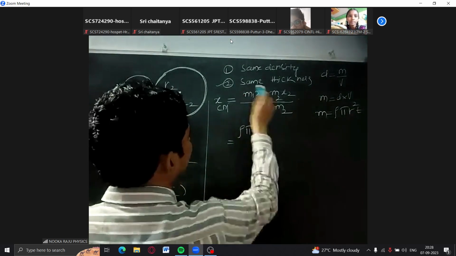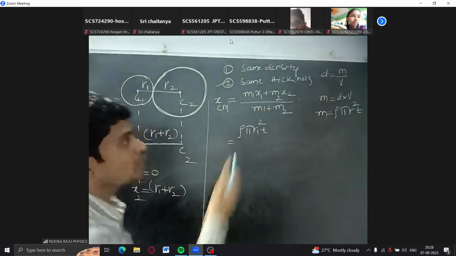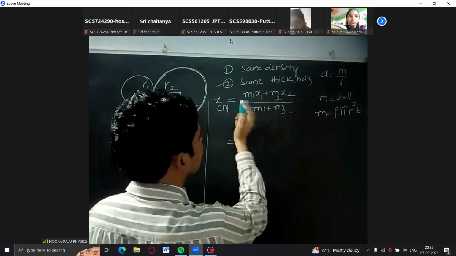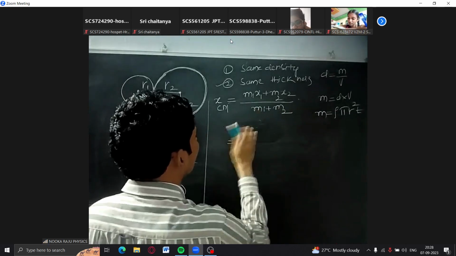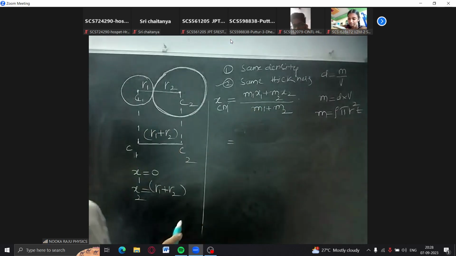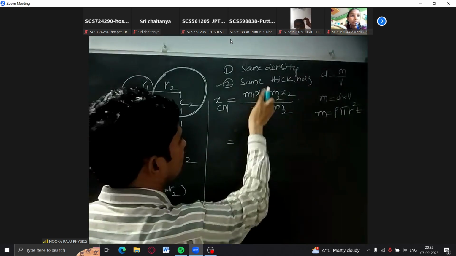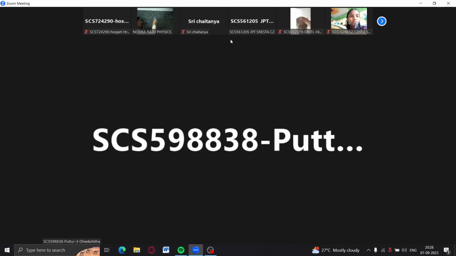What about this one? This is 0. What about the remaining value? M1 into x1, where x1 is 0, so the whole term becomes 0.